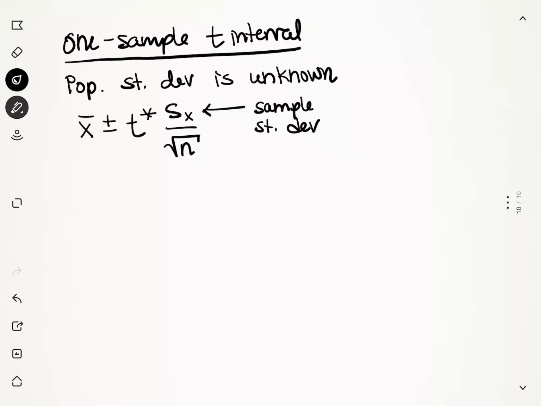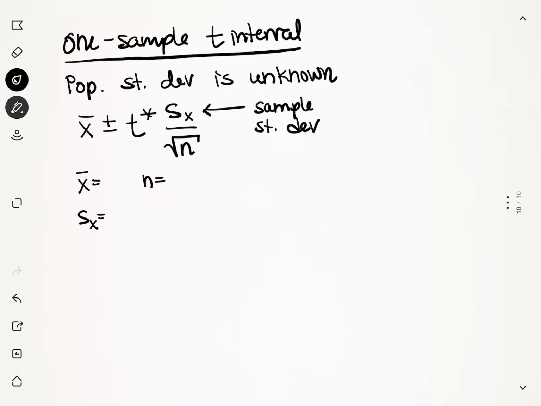So when you are using this interval, you can simply write on your paper one sample t interval, or you can write the formula, or you can do both, that's even better, but no matter what, you need to write down the value of each of these variables for the formula. So I want to see on your paper the value of x bar, and then the value of your standard deviation, and then the value of n.